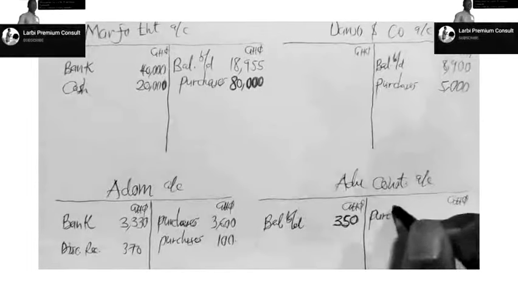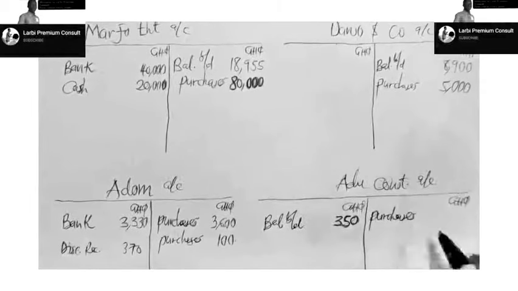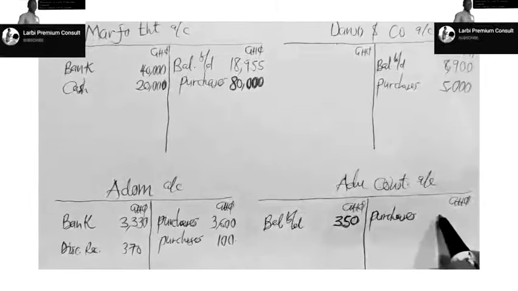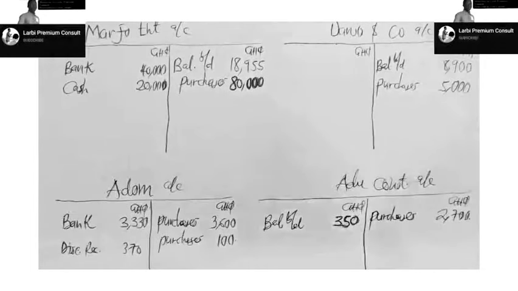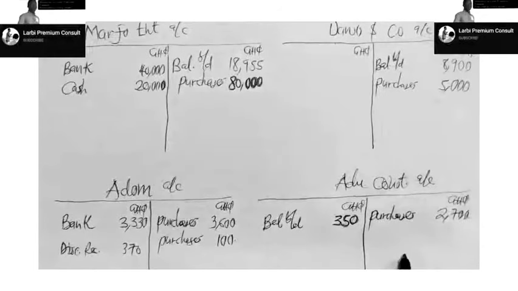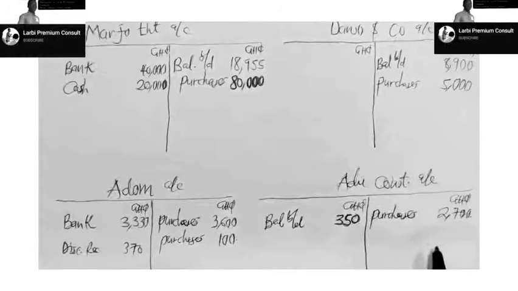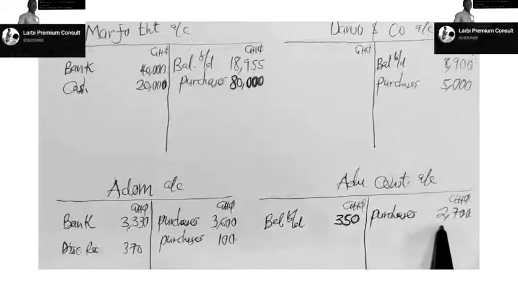Purchases. Purchases of 2,700. So that was the purchases on credit that Edu made to Boabin Enterprise, and since Edu was the one giving, we credited Edu. Then when you go to Boabin's account, you use the purchases account to receive that goods in that case. So that's why we have purchases of 2,700.